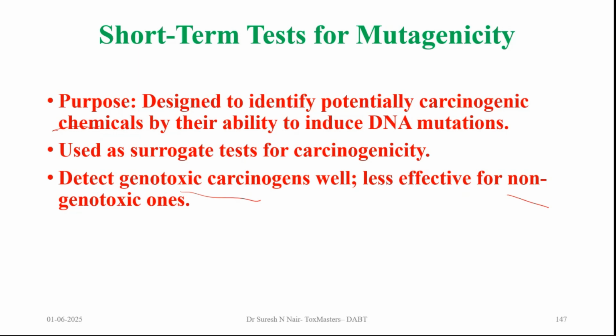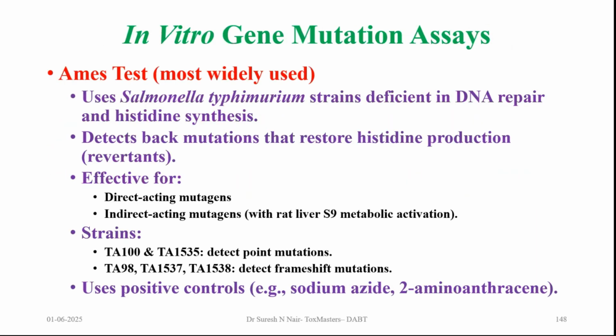Because basically these tests are done to evaluate the genotoxicity rather than direct carcinogenicity. So indirect carcinogens, which are not acting through the gene modifications, we have already discussed such agents, they may not be detected by short-term test for mutagenicity. So this is one of the drawbacks of this test.